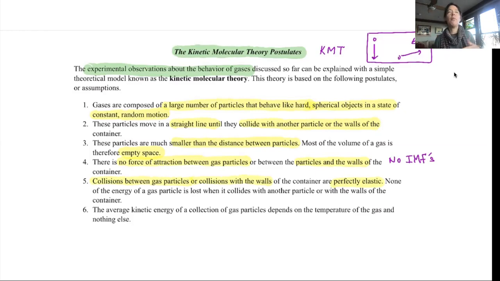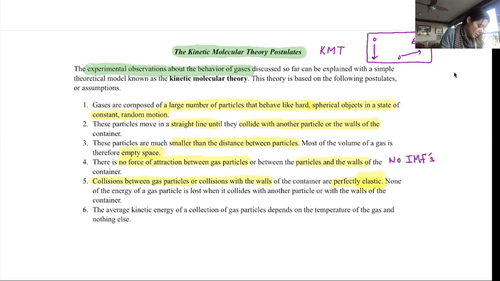Unlike when you drop a rubber ball and it bounces and the bounces steadily get smaller, that is inelastic. That is where you see the energy is lost with each bounce, or each collision. But here, when gas particles collide, no energy is lost.